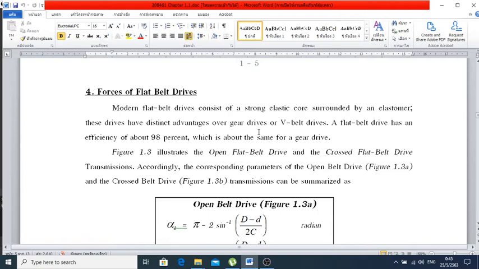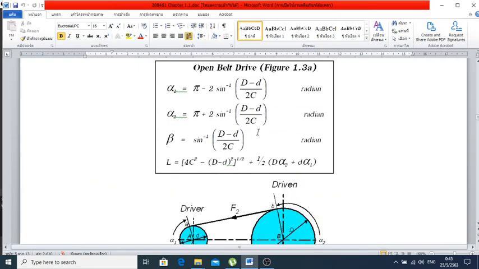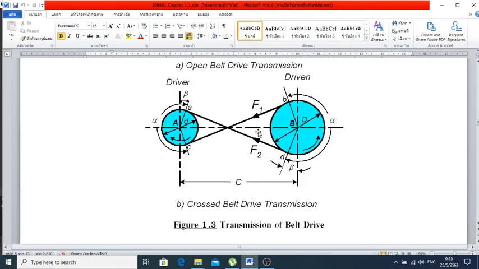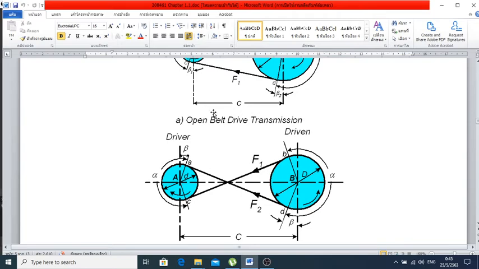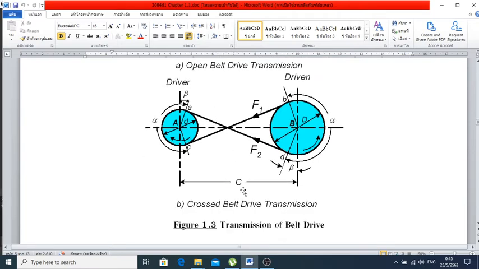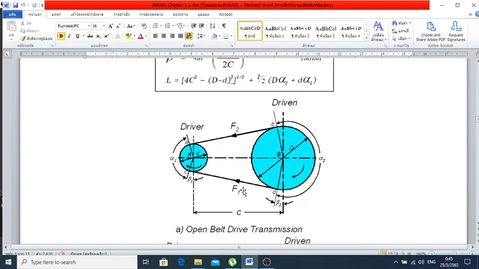drive transmission system. Let's see figure 1.3, on the open drive and the cross drive respectively. Let's see the open drive first. We have a driver there and a driven pulley there. So, of course, F1 has got to be greater than F2 during the motion. You agree on that?